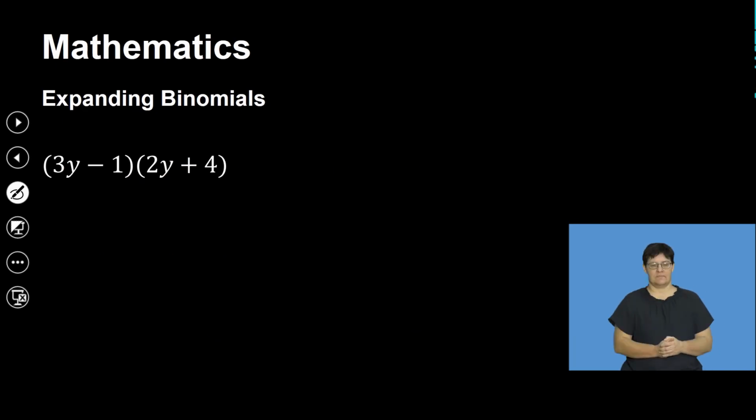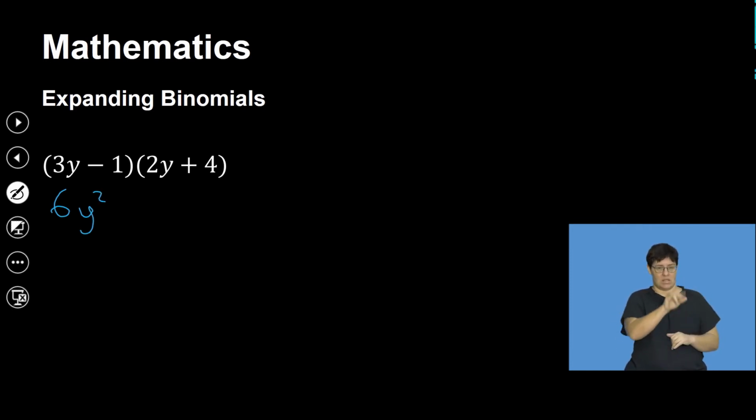All right, so let's look at an example of exactly what I mean when I say multiplying two binomials gives us a trinomial. Remember when we spoke about expanding binomials, we're just going to use the very same example. So if I multiply 3y and 2y, I will then get 6y squared. 3y by 4 gives me 12y.